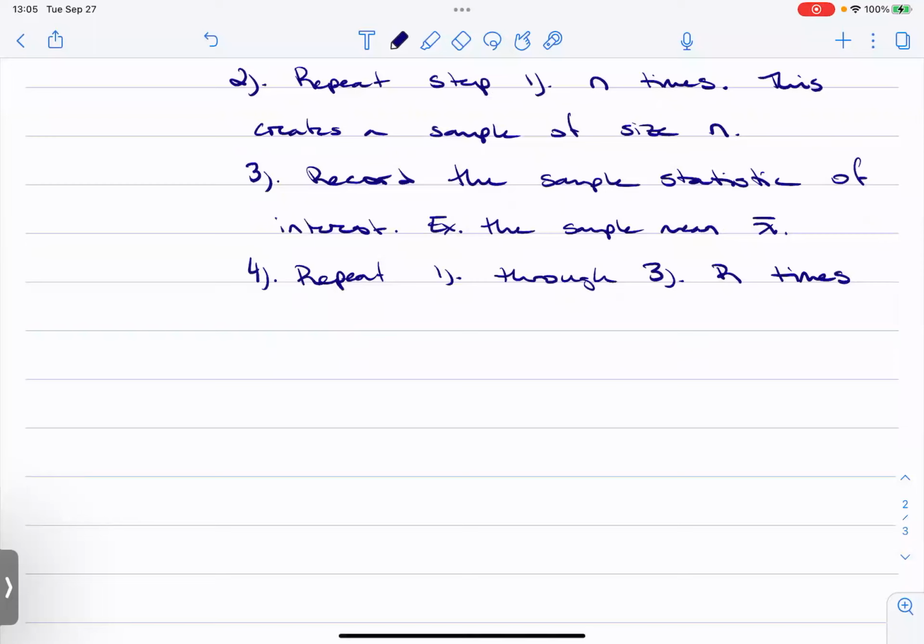I think I decided to stick with this notation from the textbook because the function in R also uses a capital R. I know, crazy. R stands for repetitions in this case.